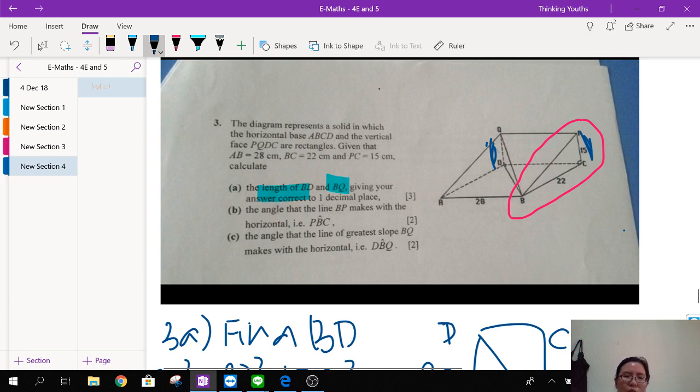So we will do part C. The angle of the line of greatest slope BQ makes with the horizontal, angle DBQ. So now we are looking at this direction.